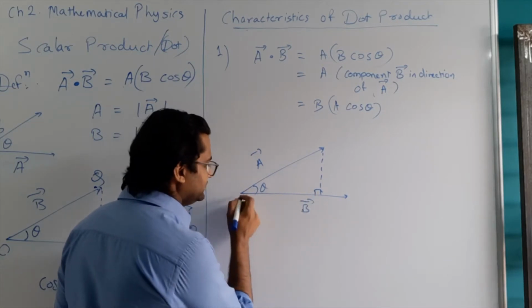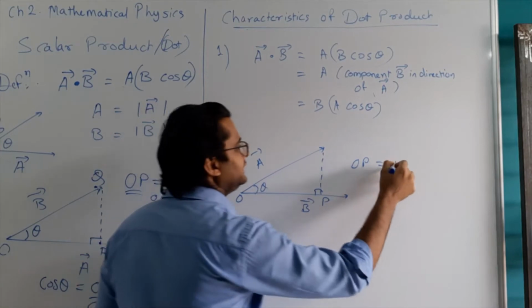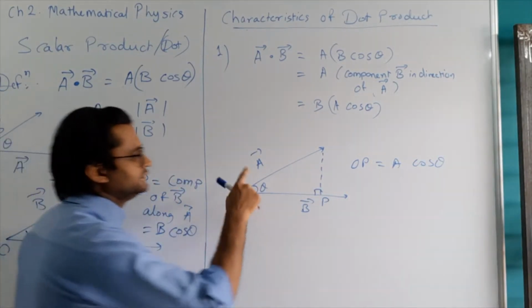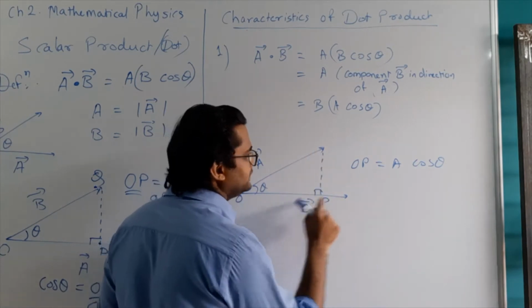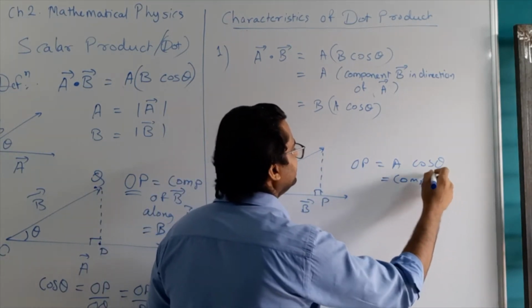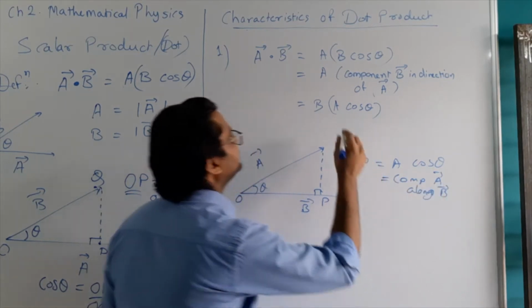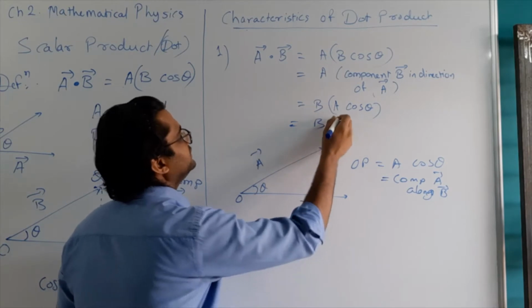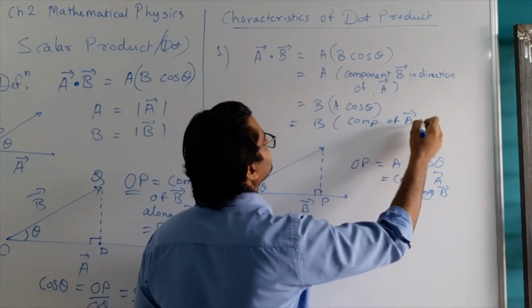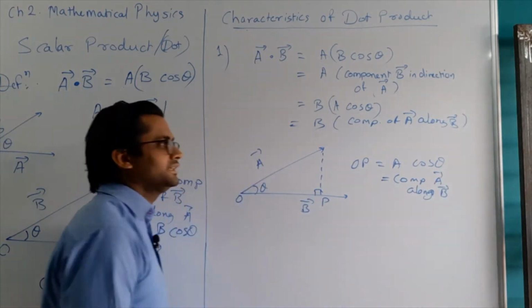Then this section from O to P, this OP, will be A cos theta. In the same way, the component of A vector along B vector is OP, which is A cos theta. So here we can write B into the component of A vector along B vector. So this is the first characteristic.